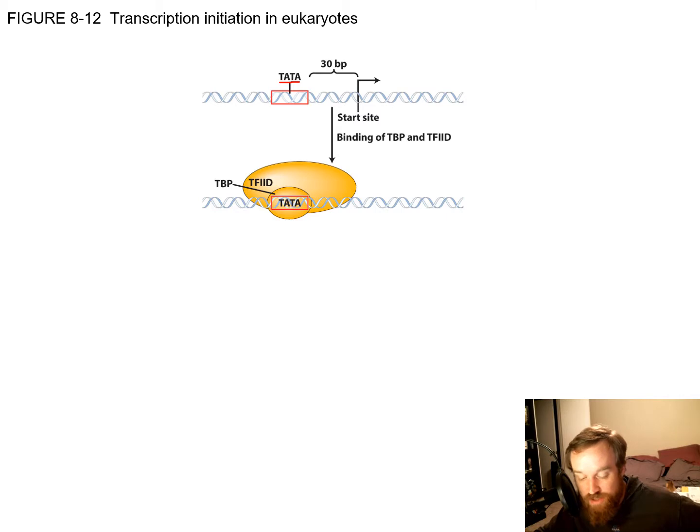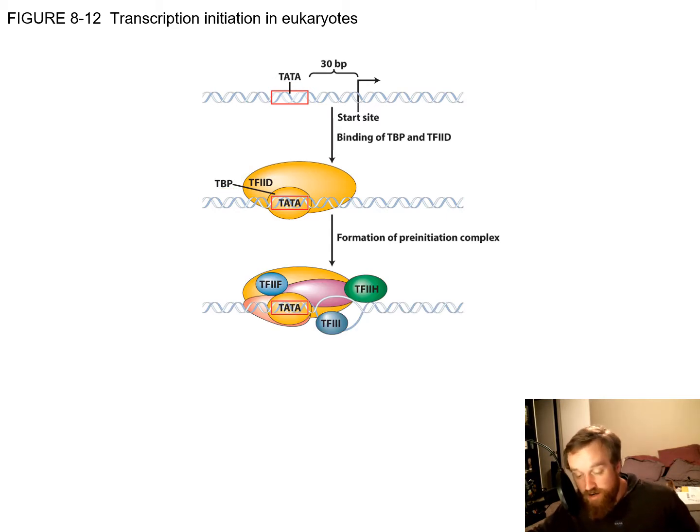And we have this protein called the TATA binding protein, or TBP for short. And so what happens is this TATA box that I kind of indicated up here is this recognition site in eukaryotes. And so TBP will find and bind to this TATA box, and then this TF2D, transcription factor 2D, will then be recruited with that TATA binding protein to the initiation site for the gene.